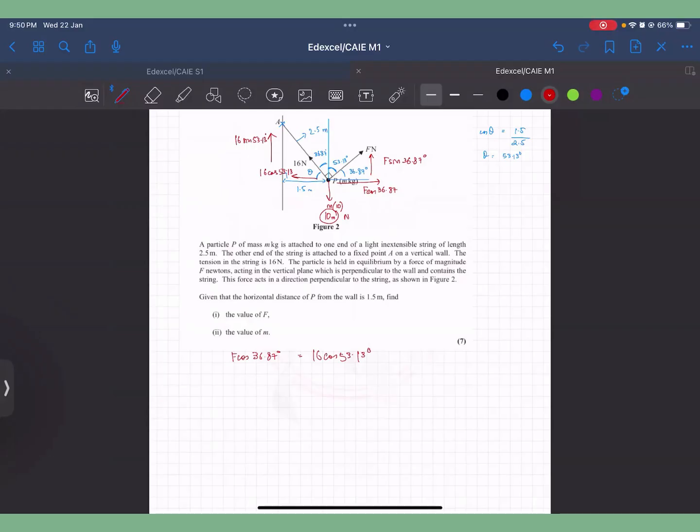So this one would get you the value of F. For the vertical ones, F sin 36.87 plus 16 sin 53.13 would be equal to 10m.